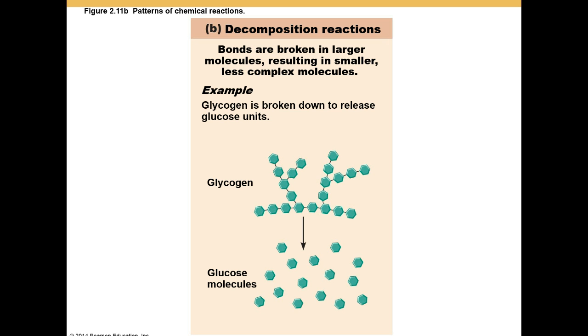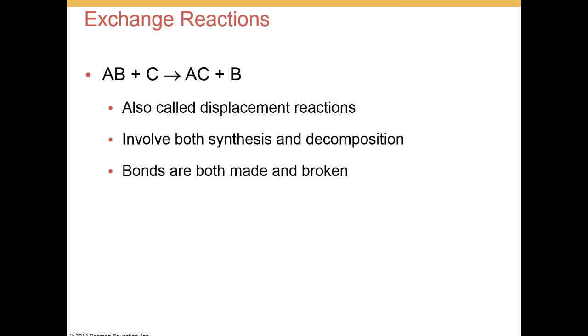So if we had a large complex polysaccharide like glycogen, glycogen is stored in your liver or sometimes in your skeletal muscle, and it can be broken apart into individual glucose molecules. That's a great example of a decomposition reaction, a catabolic reaction. Then exchange reaction. So we're just exchanging one part for another.